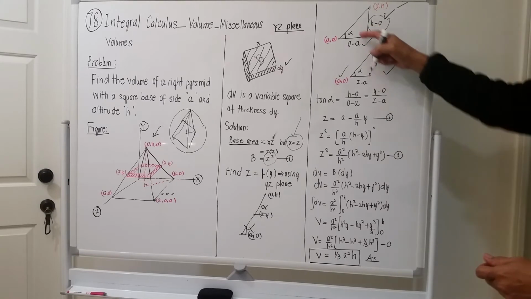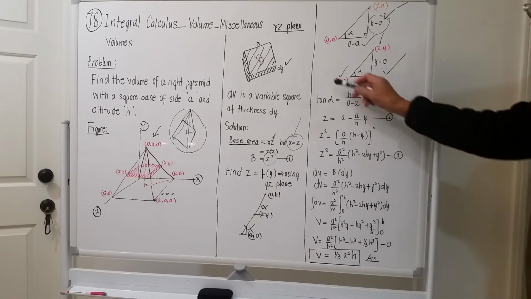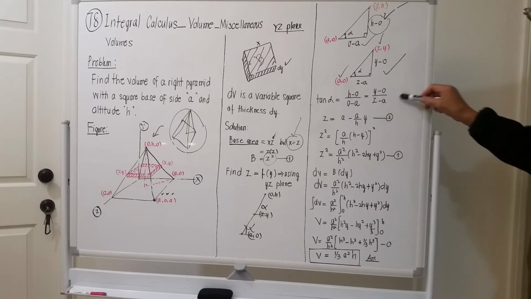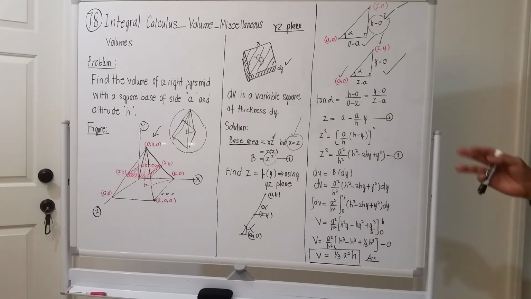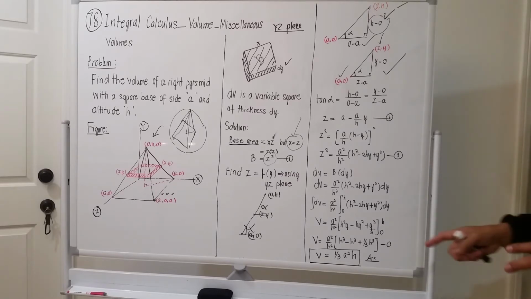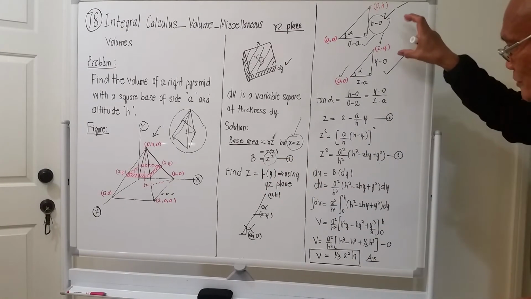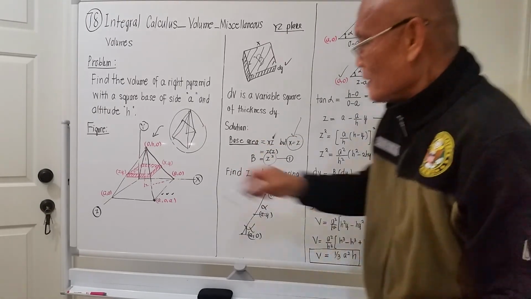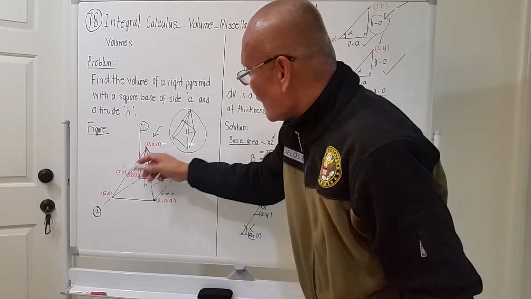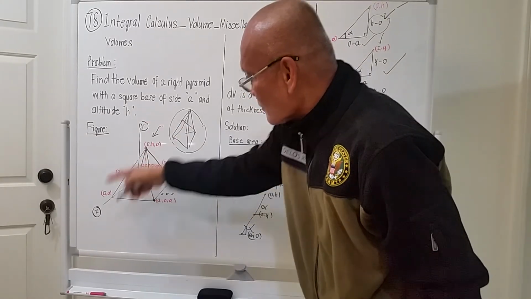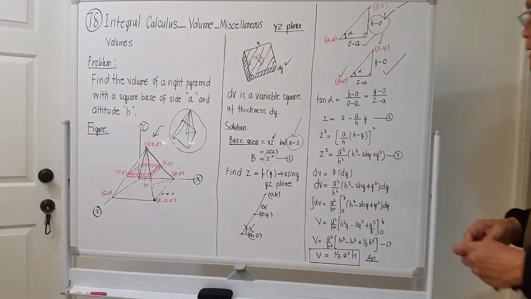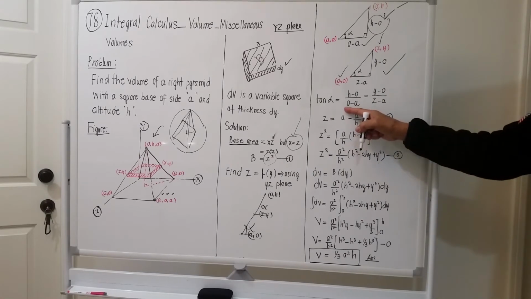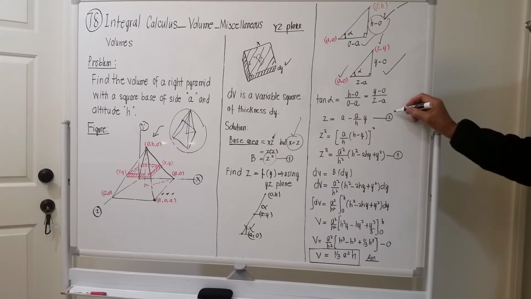Then alpha, take the tangent of alpha, h minus 0 over 0 minus a equal to y minus 0 over z minus a. Okay? We get the relation of z as a function of y using these two right triangles. And it emanates from taking the equation of the line consisting of the yz plane. Okay? If we try to compute for z here, z is actually a minus a over h times y plus a. This is equation number 2.